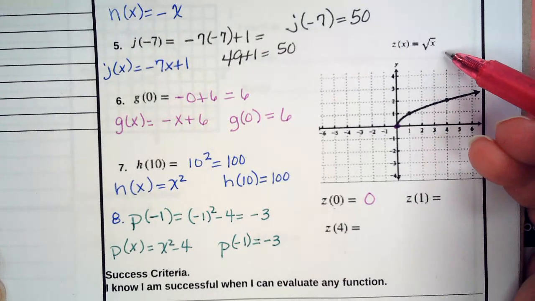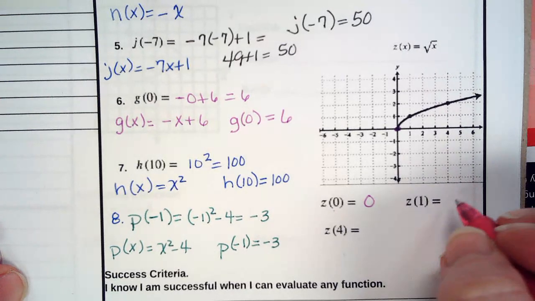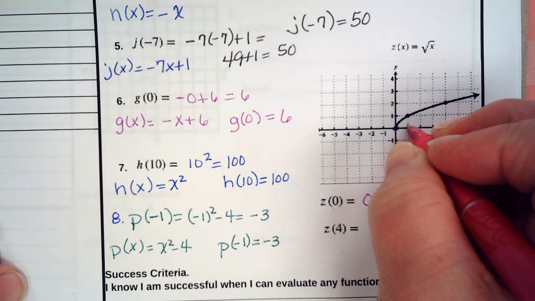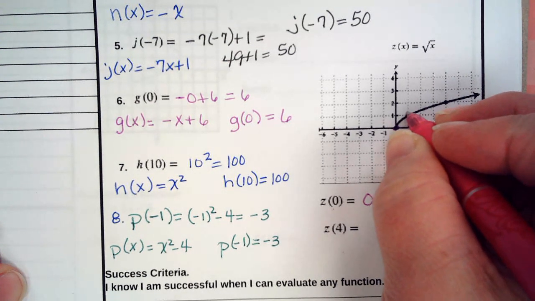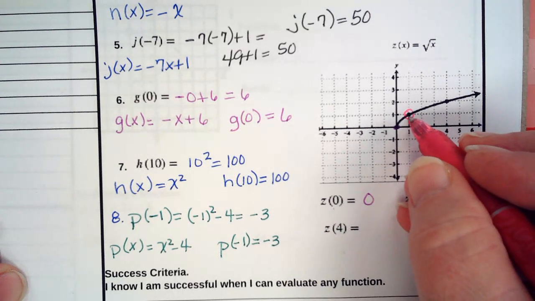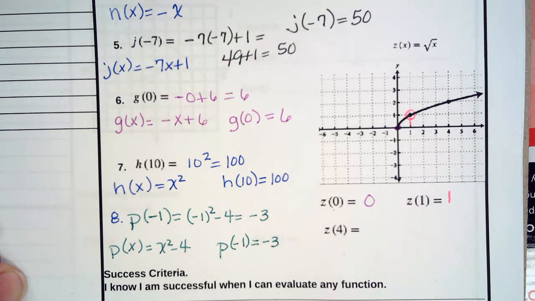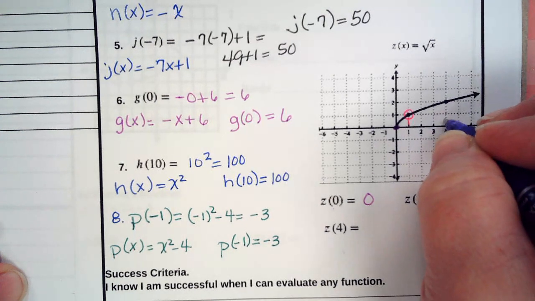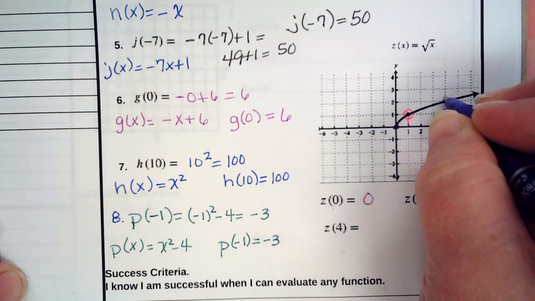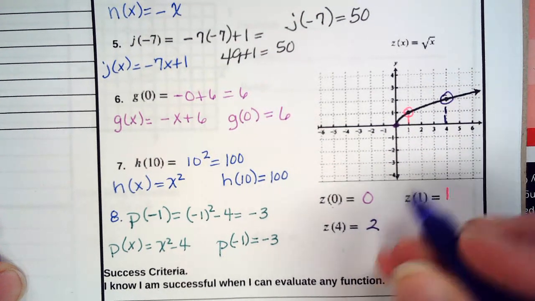This graph is actually the square root of x. So when x is 1, what is my output? When x is 1, my output y is 1. What about when x is 4? My output is 2.